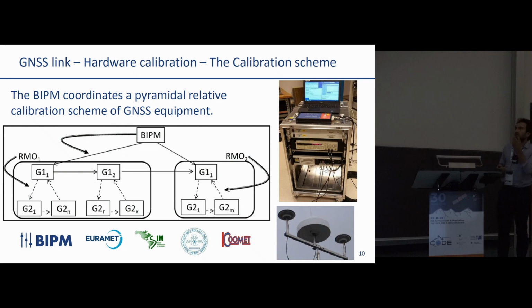The BIPM circulates a box containing two timing receivers and two antennas to some labs called G1 labs, which are the most important labs that volunteer in the regional metrological organizations: EURAMET for Europe, SIM for North and South America, APMP for Asia Pacific, and COOMET for Eurasia. The BIPM circulated this box to calibrate the delays of these stations.